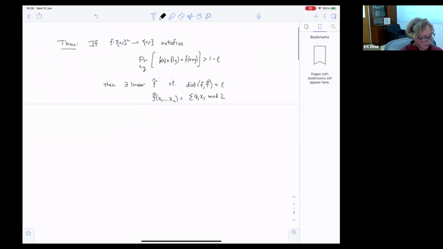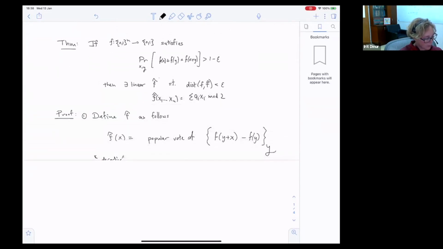So the first step will be to define f hat. I don't know f hat, I'm only given f. But I'm going to define f hat using the popular vote. For a given point x, I'm going to look at the popular vote of the value f of y plus x minus f of y. Since we are over F2, I can write plus, it doesn't matter.